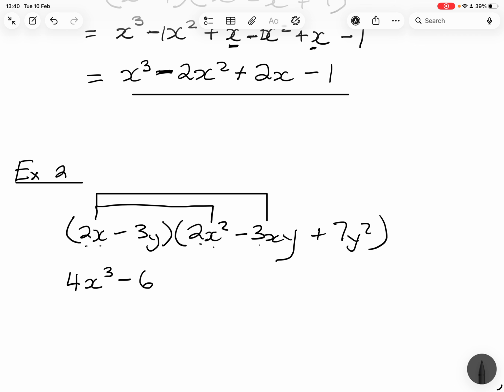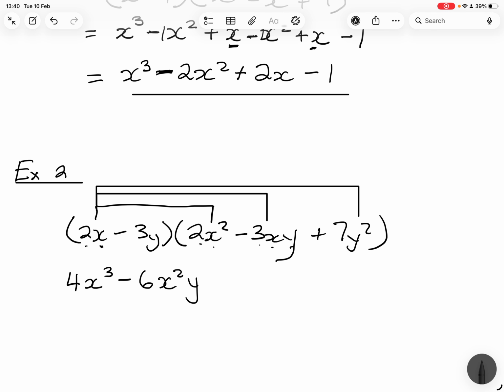Now I've got x multiplied by x, which will give me x squared, but I also have the y there. So that will be x squared y. And then for the last one, we've got 2x multiplied by 7y squared. So 2 times 7 will give me 14.